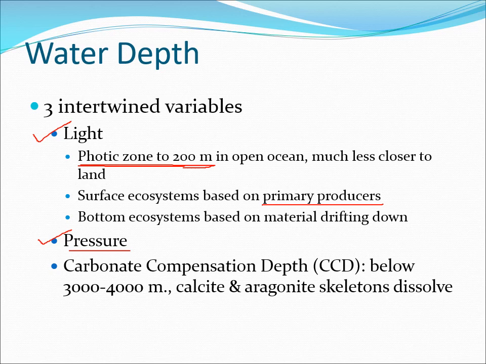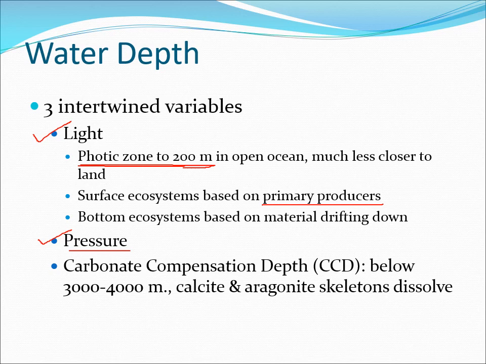Whereas an organism living at 2000-meter depth suffers a huge hydrostatic pressure, which can be adjusted by its body condition, because otherwise the entire body of the organism would become completely squeezed.